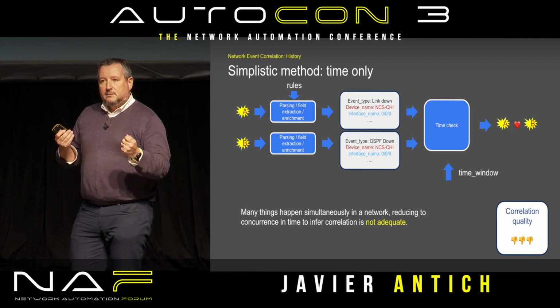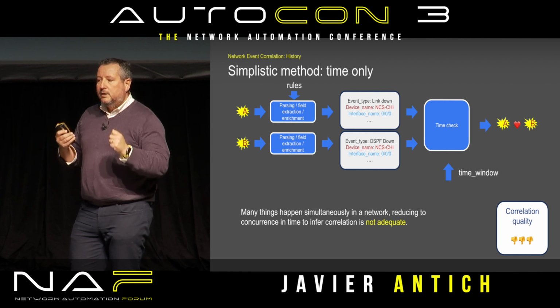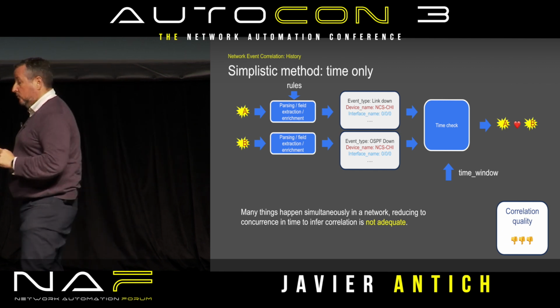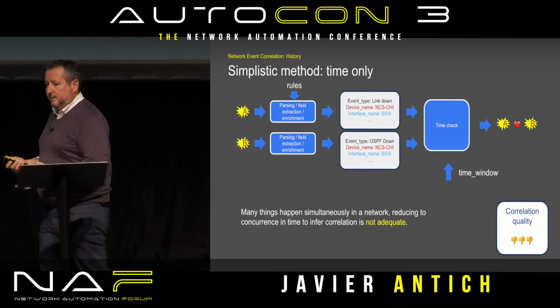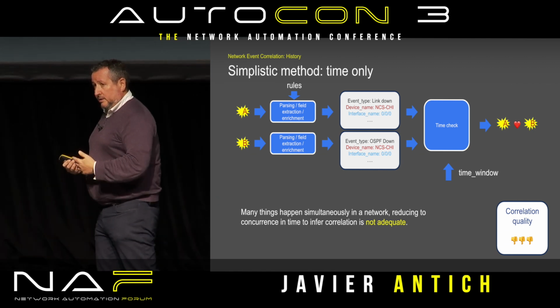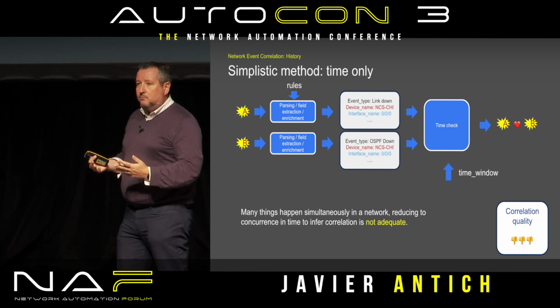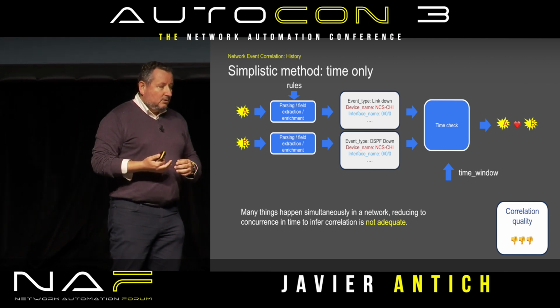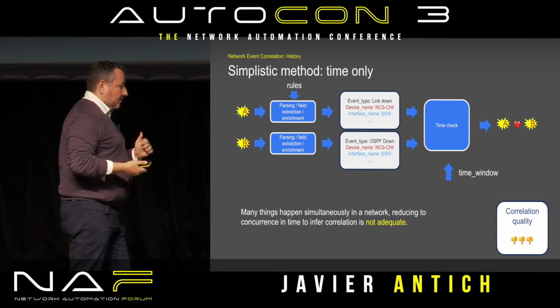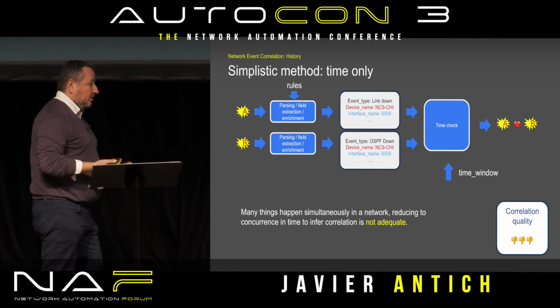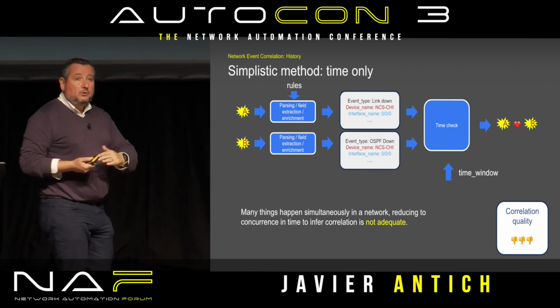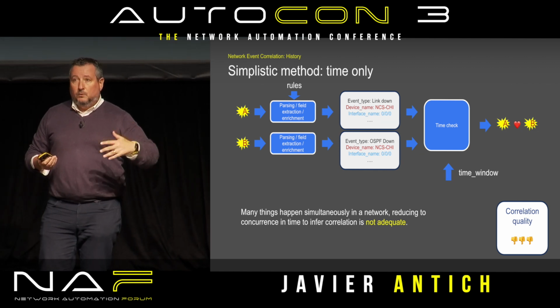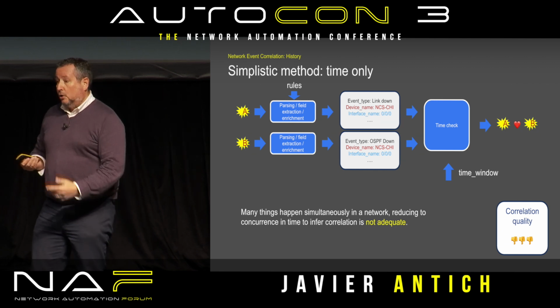And if the 2 events happen within a specific time window, they are considered correlated, which of course is not necessarily true, because there are a lot of things happening at the same time in a network, especially in a large network, that have nothing to do with each other. So correlating based on time only is not adequate. It will produce bad quality correlations, and it will mislead NOC engineers.